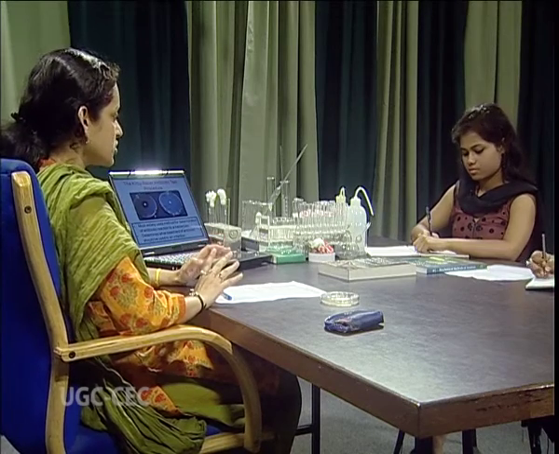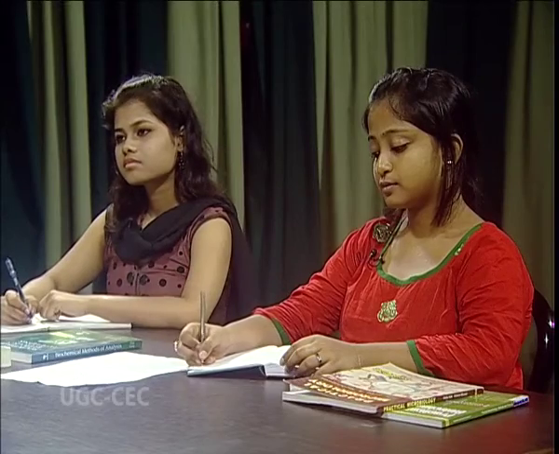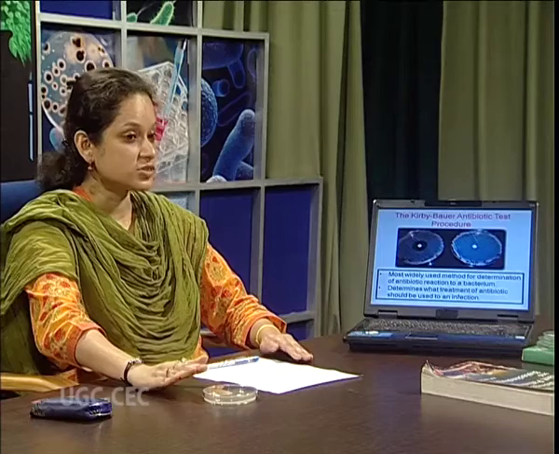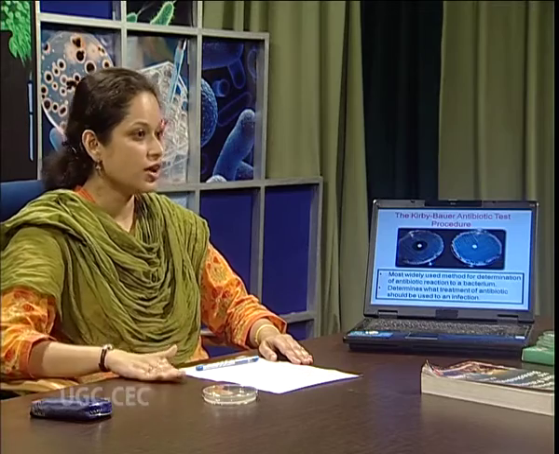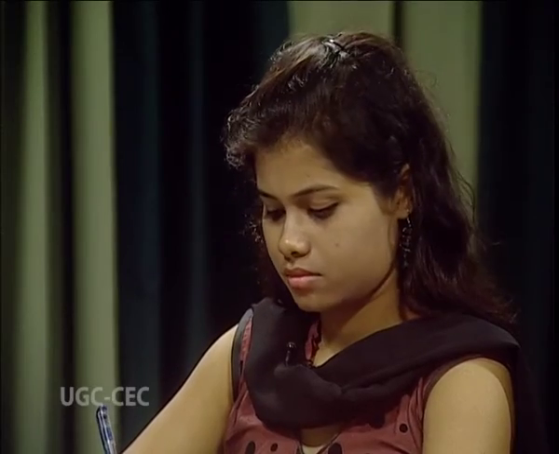Another main cause of secondary zone of inhibition is that the bacteria which we are using is not a pure culture. It contains a mixed population of bacteria. So some of the bacteria might be resistant to the antibiotic and hence it will grow in this secondary zone, and accordingly it is known as secondary zone of inhibition.